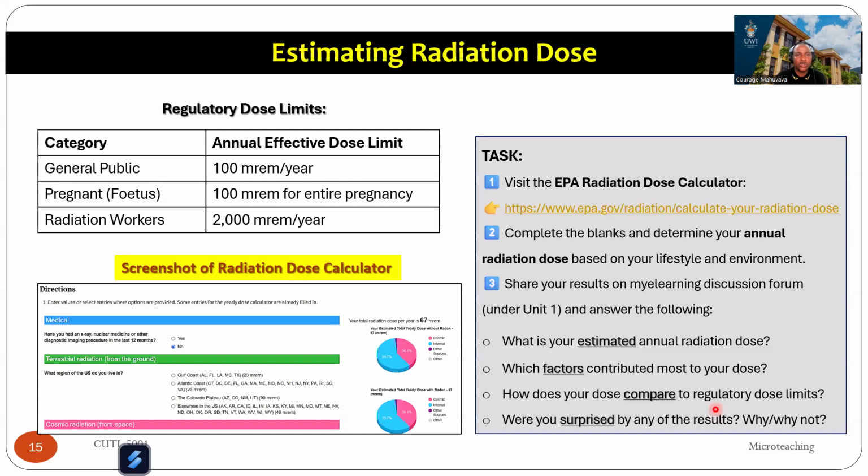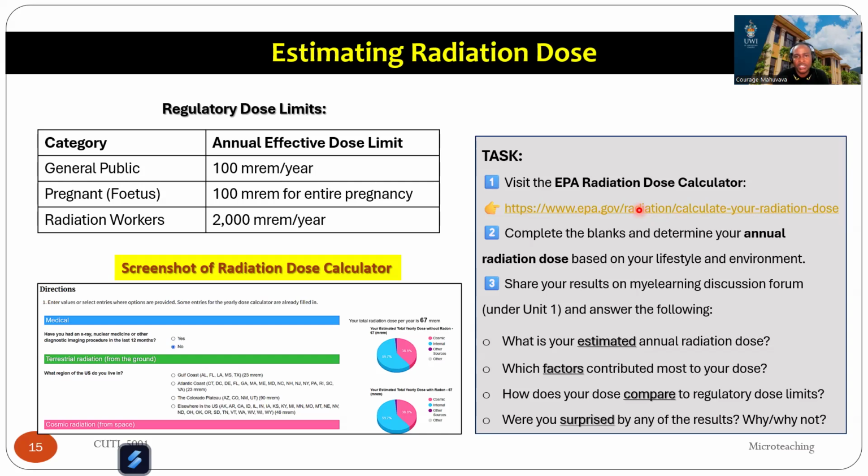So lastly, let's look at how you can estimate the radiation dose that you receive yearly, whether from background radiation or from CT scans, or depending on the type of occupation that you are involved in. If you click this link, it will take you to a website that asks you a bunch of questions.